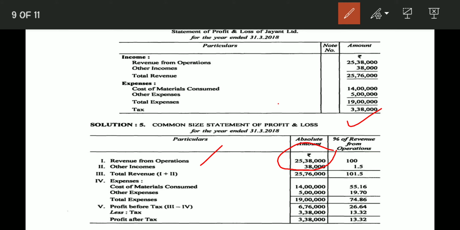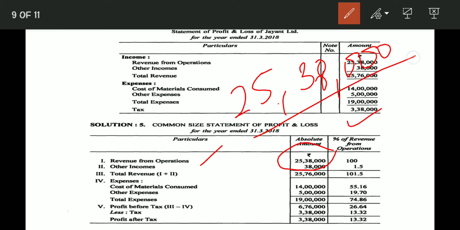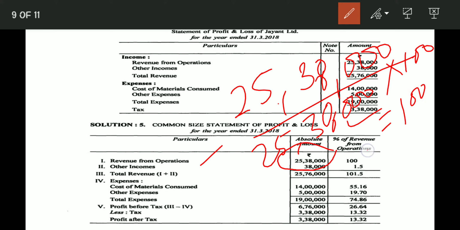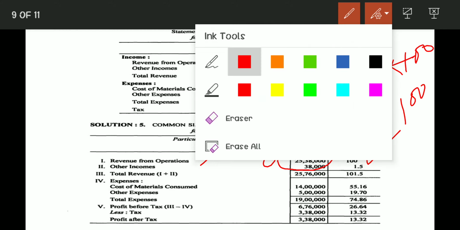So 25 lakh 38,000 is divided by what? Revenue from operation, that same data, 25 lakh 38,000, because it is a common base, into 100. What we get? 100%. You can see? Okay? Easily you can solve them.